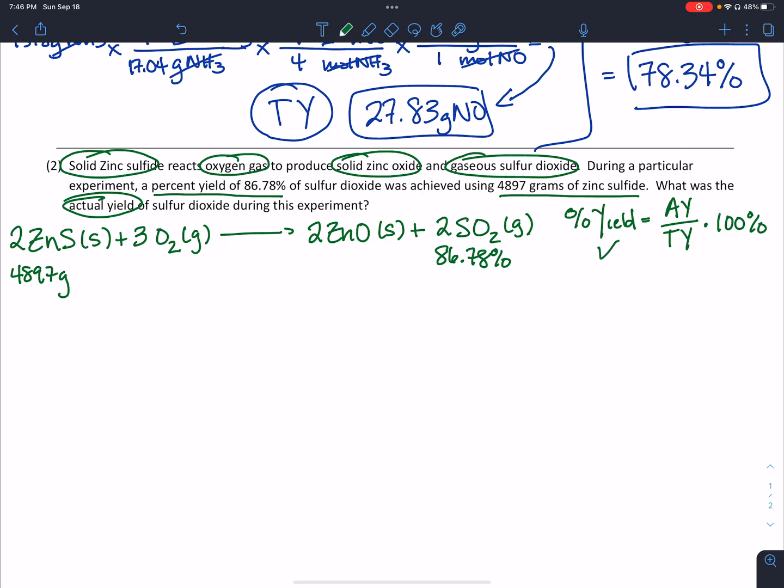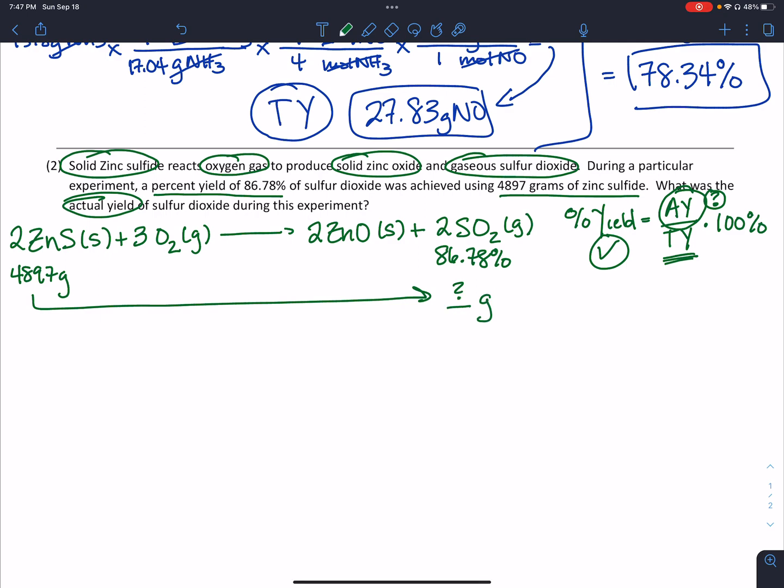We've been given the percent yield, and we're asked to find the actual yield, which means I need the theoretical yield. So I'm going to need to use that 4,897 grams of zinc sulfide and find out how many grams of sulfur dioxide I should have made.